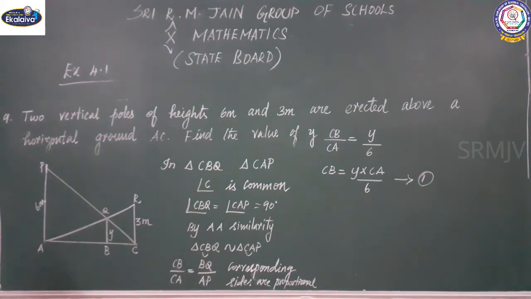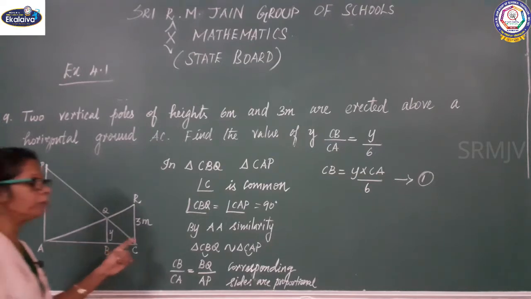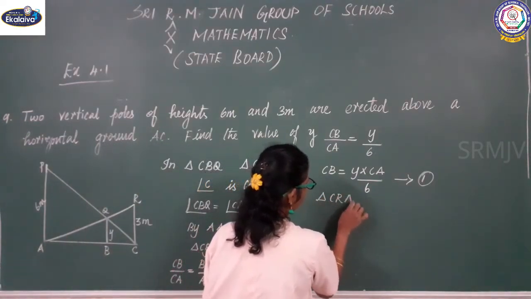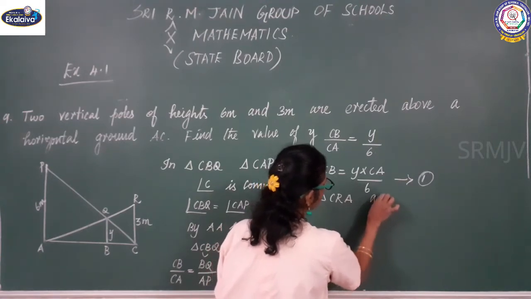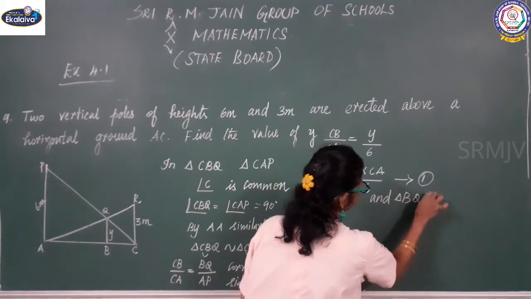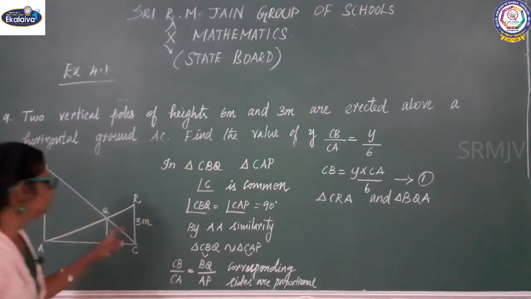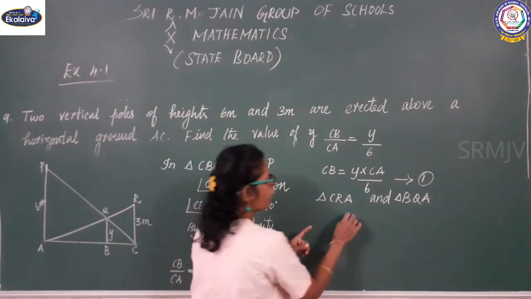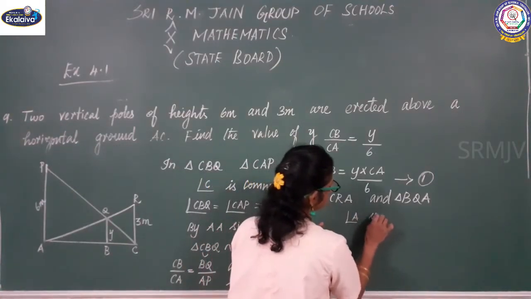Now I am going to move to the triangle CRA, BQA, right? Triangle CRA, triangle BQA, right? CRA, BQA. Here angle A is common.